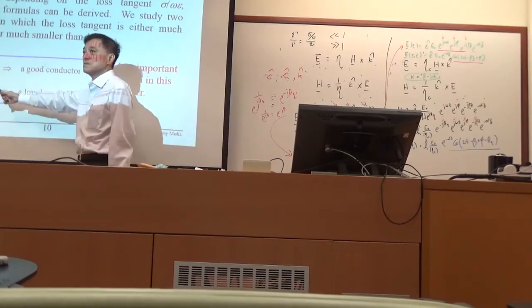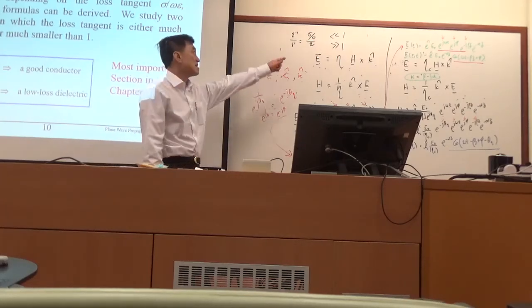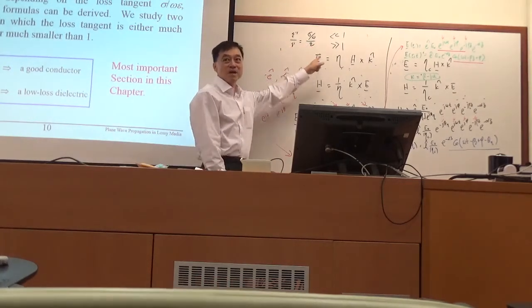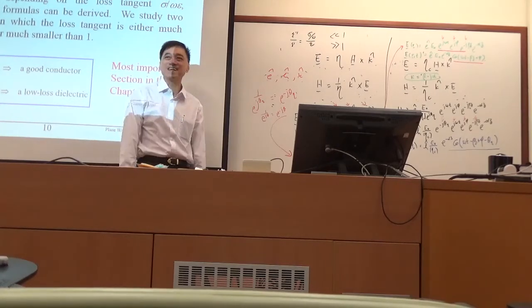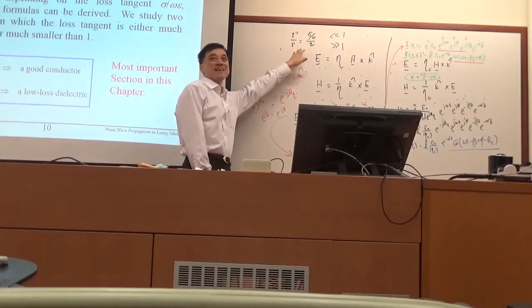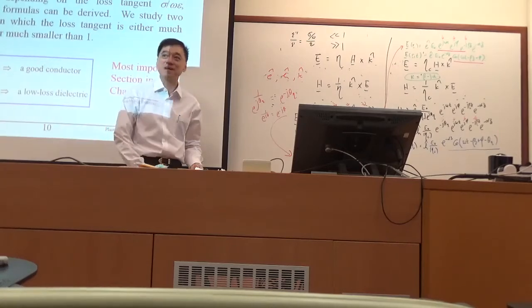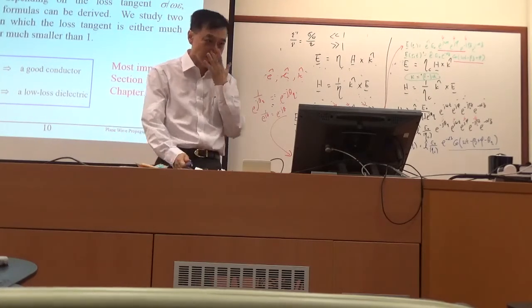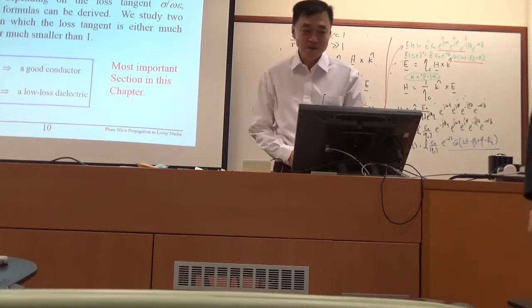Why is this one different? It's the same. Sigma over omega over epsilon is the same as sigma over omega epsilon. Don't come and tell me, how come this definition and that definition are different? Same definitions.